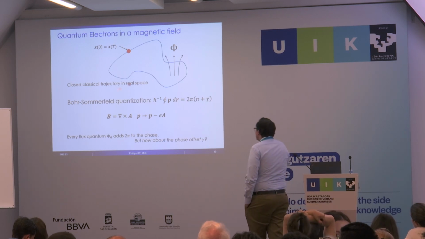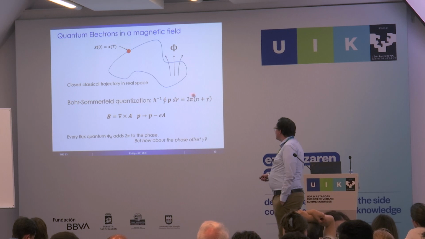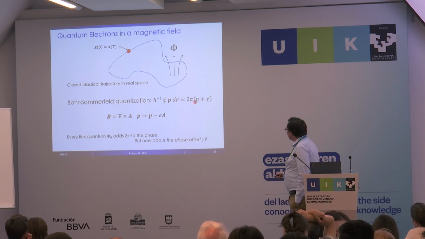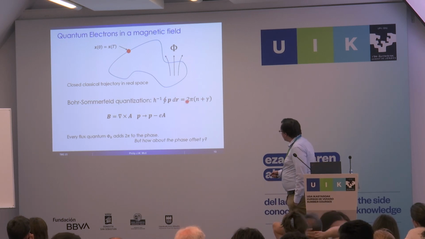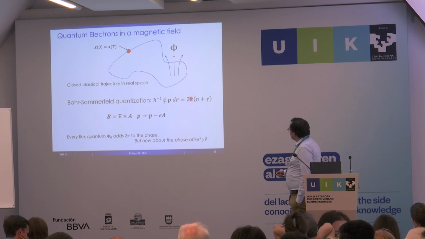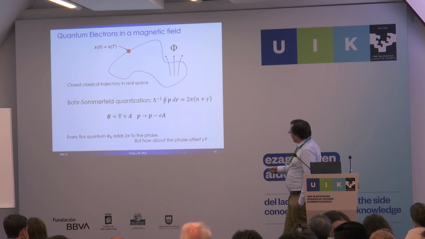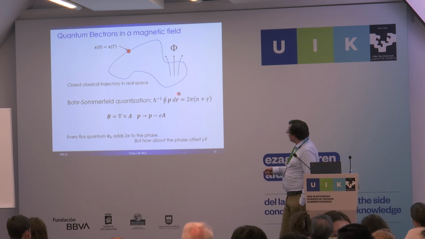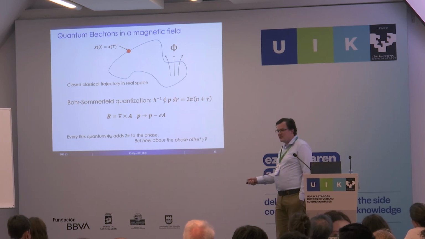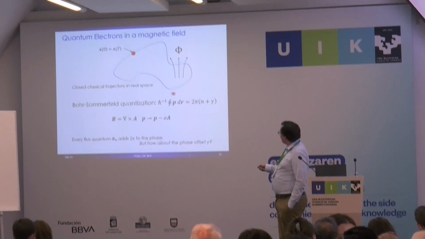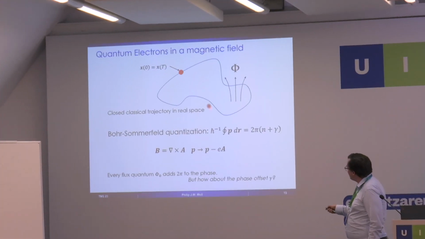And you can use the Bohr-Sommerfeld quantization, and you can compute this orbit, and this will be quantized to integer values of some quantization index n, and it will also have some phase offset. And actually what will happen if you do the canonical replacement of the momentum is that you can here find a flux integral. So this will compute the amount of flux quanta that's enclosed in this process.